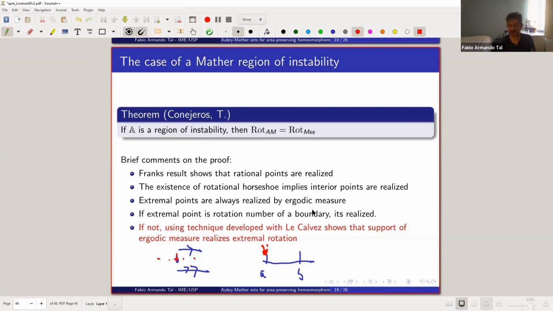This is not what usually happens. You have a lot of ergodic measures, where you might, for instance, preserve Lebesgue. Lebesgue is ergodic, and the rotation number of Lebesgue is somewhere here, meaning that it's not true that all points of the support of an ergodic measure are going to rotate at the same speed. But for this case, if you're an extremal object, then by being extremal, you cannot deviate neither to the right nor to the left, and everybody needs to rotate at the same speed.